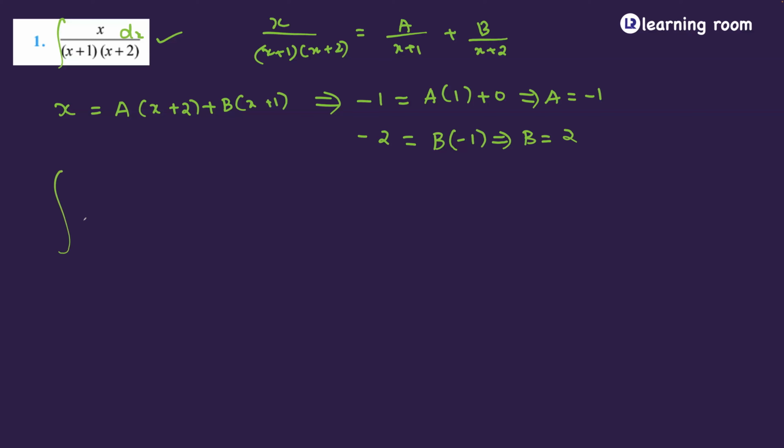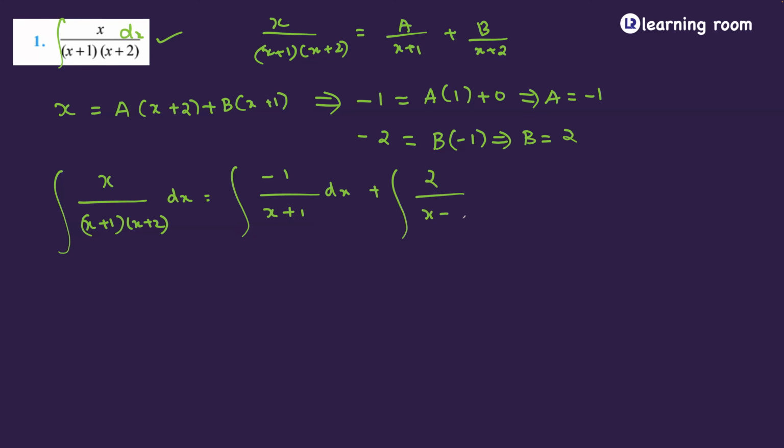So integral of x divided by x plus 1 into x plus 2 dx is equal to integral of minus 1 divided by x plus 1 dx plus integral of 2 divided by x plus 2 dx. So what is minus 1 by x plus 1 dx?